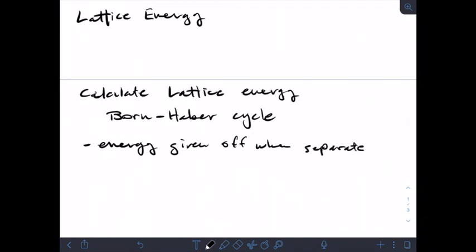And if you're trying to follow along with the posted handwritten notes, this is at the very, very end. So I'm going a little bit out of order with my handwritten notes. But I think that this order is actually more productive for this format of lecture sort of thing. So energy given off when separate gas ions form 1 mole of solid ionic compound.